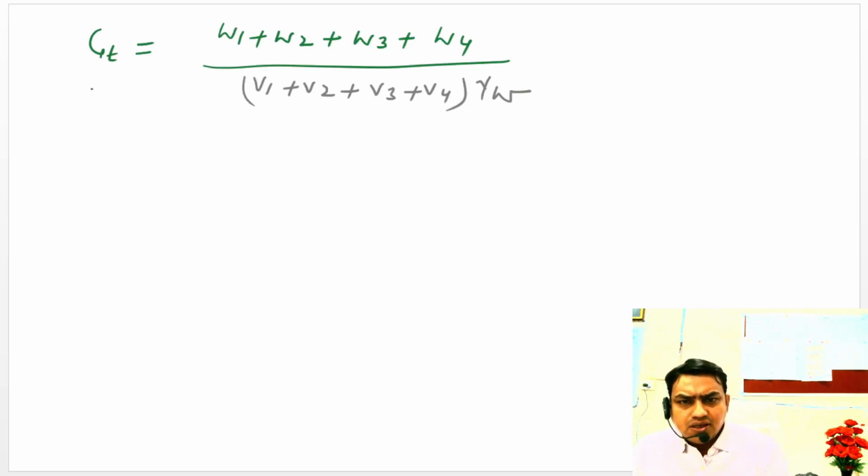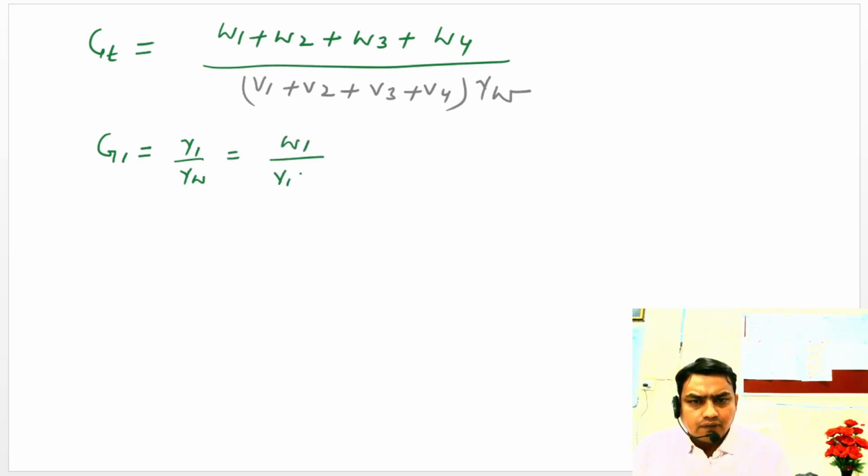So G1 can be written as gamma 1 by gamma W, and gamma 1 can be written as W1 by V1 into gamma W. So here V1 into gamma W can be written as W1 by G1.